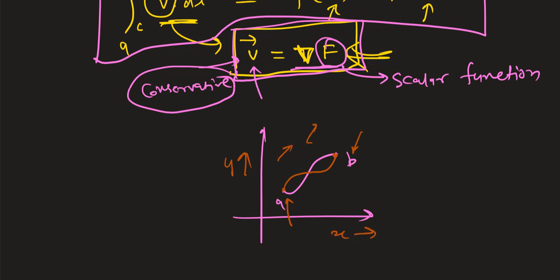If you want to find any line integral along this path, you can say that the line integral along this path C2 is the same as the line integral along this path C1. Or directly, the line integral does not depend on the path if this condition is satisfied, or I would say if the vector is conservative, then the line integral is path independent.